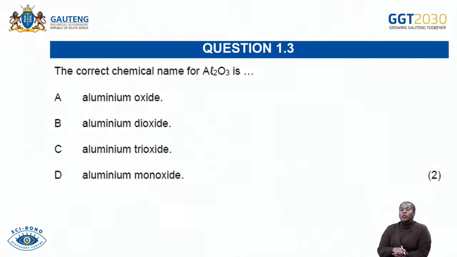C, aluminium trioxide, or aluminium monoxide. What did we say about mono, di, tri? There has to be 3 atoms of the same element. We're going with C, because it's aluminium trioxide. There's 3 over there.